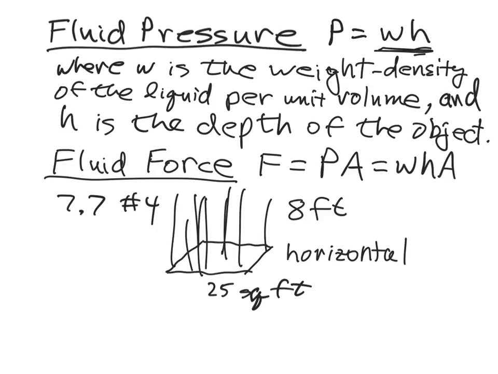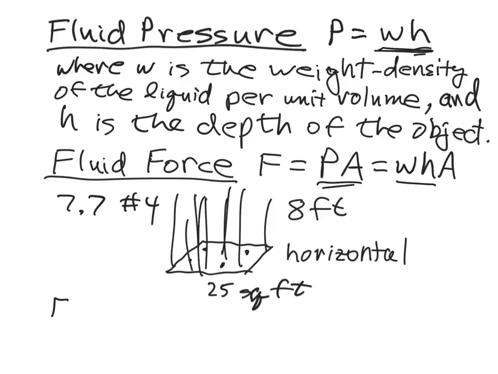So the fluid force, the total fluid force here, every point on this piece of sheet metal has exactly the same depth of water having force on it. So simply the pressure times the area, or the weight density times the depth times the area.